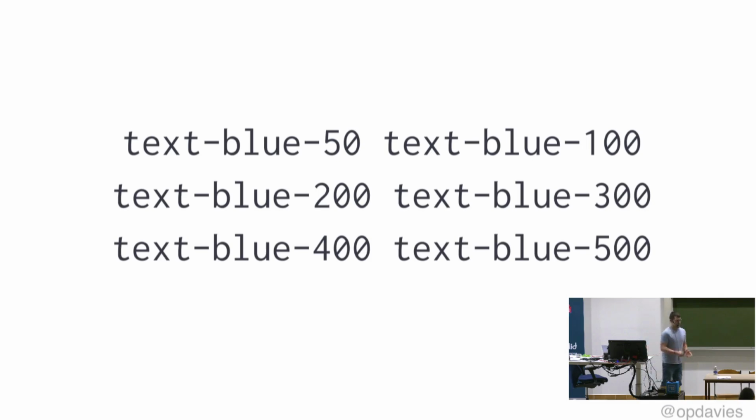That became a bit difficult to scale, because if you're wanting to add a custom color into your project, you then start making up new words like darkesterer, which isn't a thing, right? So after a while, they moved to using this numeric-based approach, and it's much easier for you to put a text blue 250 in there if it fits into the scale.